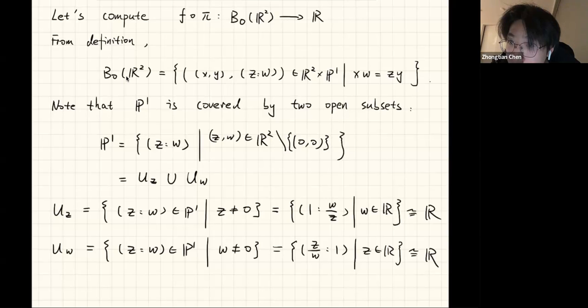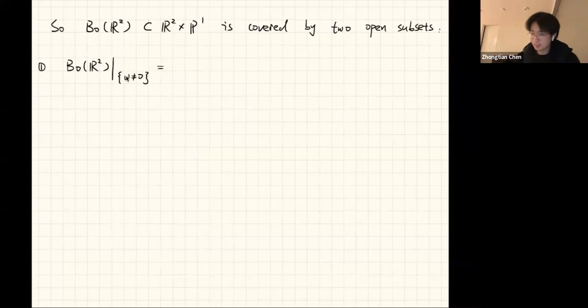So I guess UZ is excluding horizontal lines and UW is excluding vertical lines. Okay, all right. Thanks for the digression. Yeah. Wait, what?